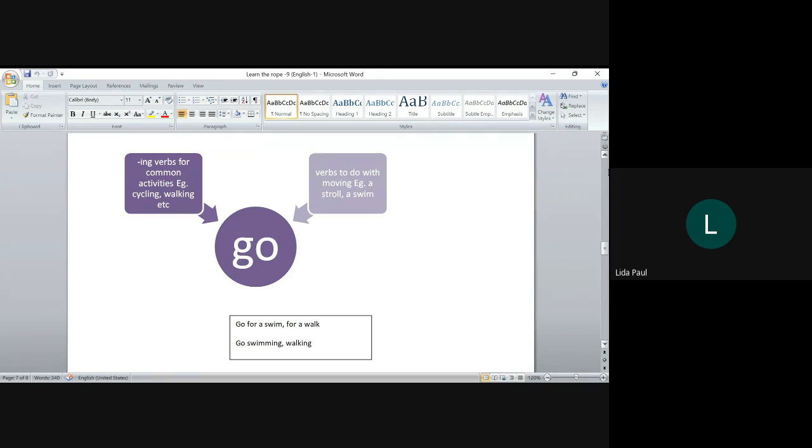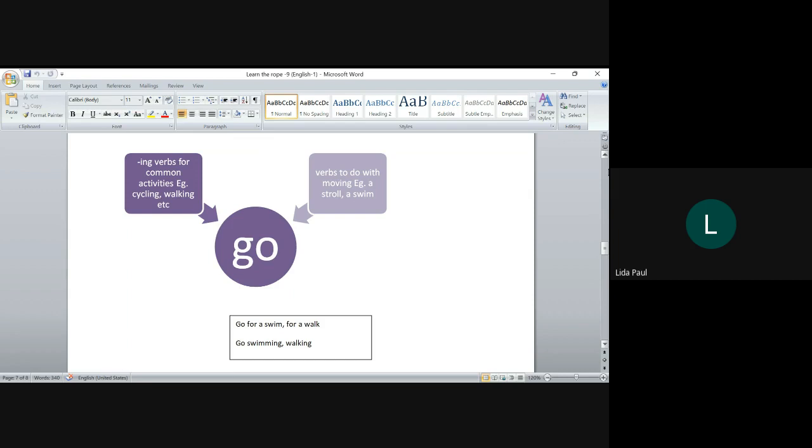So go cycling, go walking, go riding, go swimming, right? This is the expression you use. Remember the ing that you see here is related to the nominal use of the ing suffix, that is as a noun, and not the ing marker you see in the continuous tense form in verbs. This is noun, not verb. Now, the next set is verbs to do with moving, verbs that have got to do generally with the moving action.